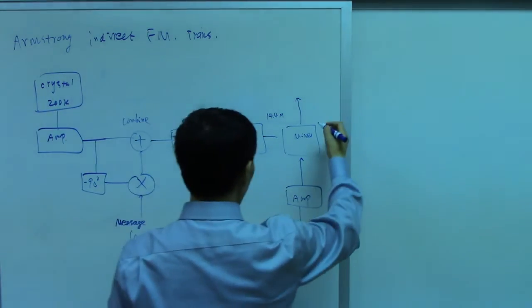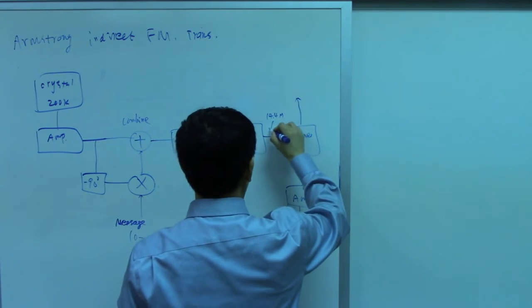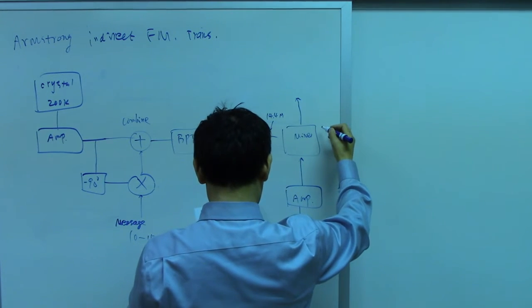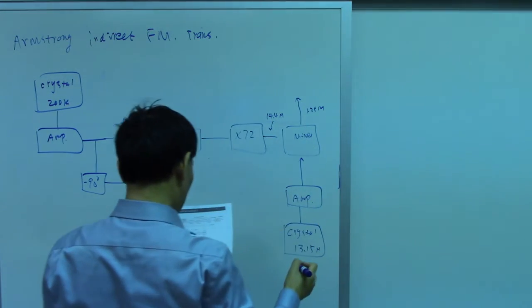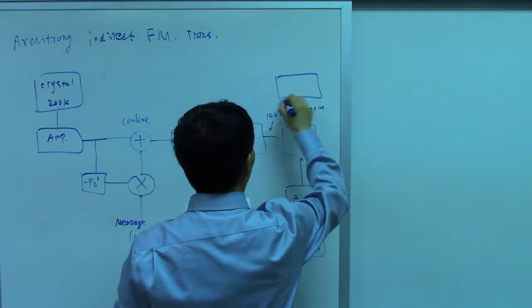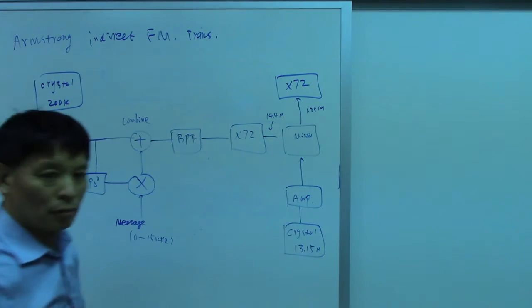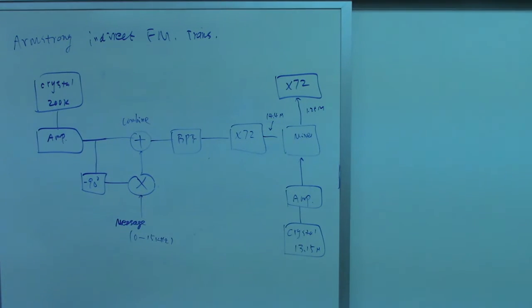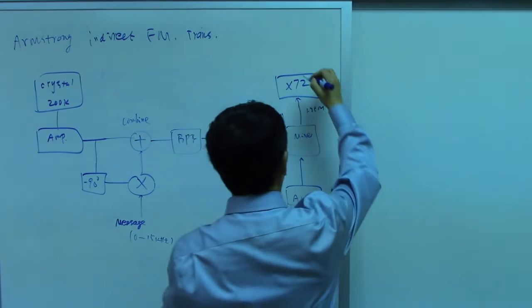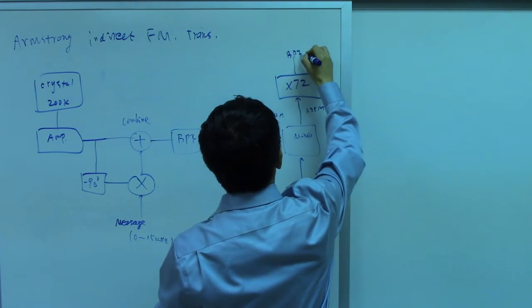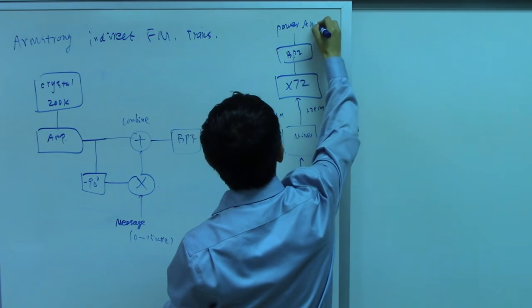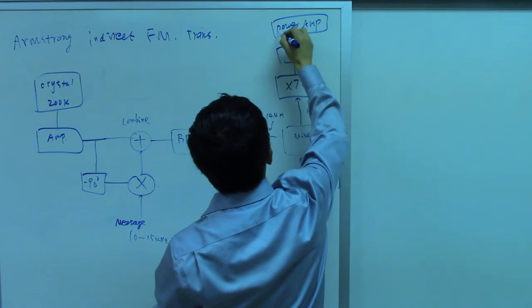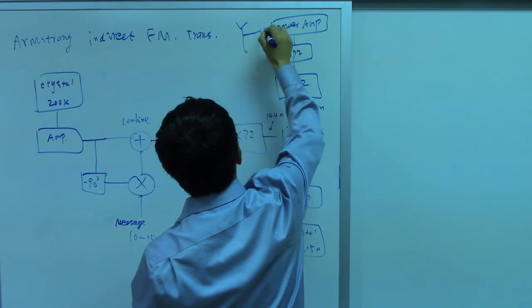So this difference here will be equal to 1.25 meg. Then next we multiply by 72. Then we have some band pass filter here. Then we have a power amplifier. Then we go to, that's it.